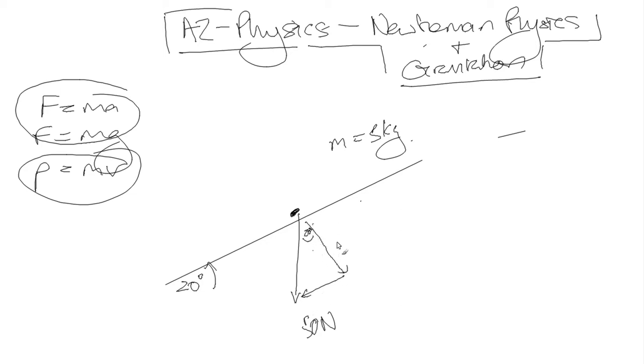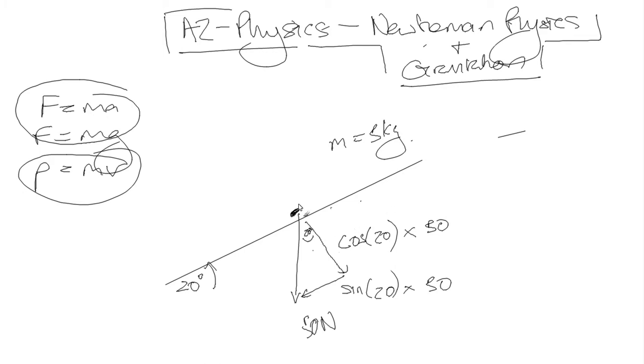Therefore the force acting into the slope is cos of 20 multiplied by 50 newtons, and the force acting down the slope is sine of 20 multiplied by 50.